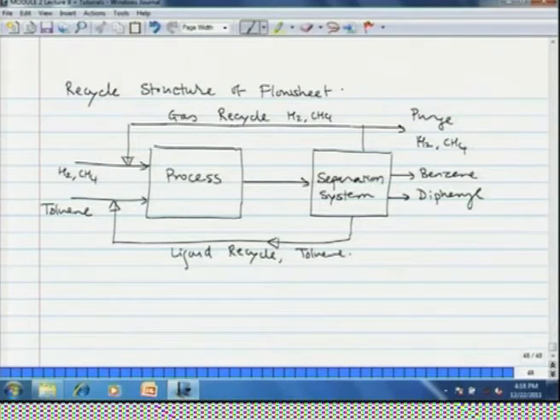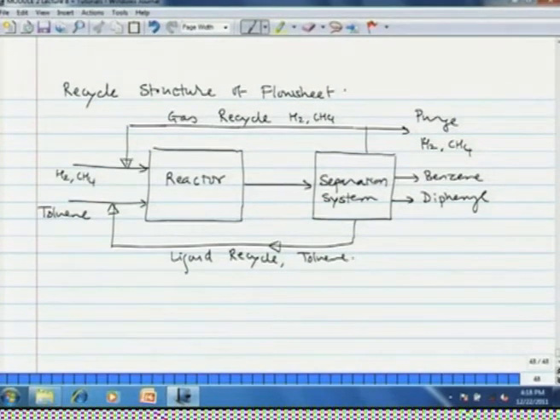Following the reactor, there is a separation system comprising of a flash drum and distillation column. Benzene and diphenyl are separated as main product and byproduct. The unreacted toluene is recycled. The gas that comes out is split in 2 parts. Some part is purged and another is recycled. So, that is the recycle structure of the flow sheet.